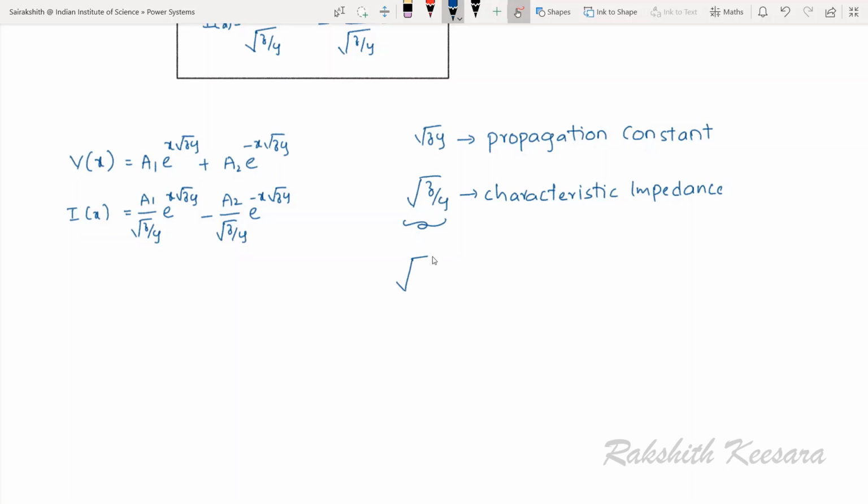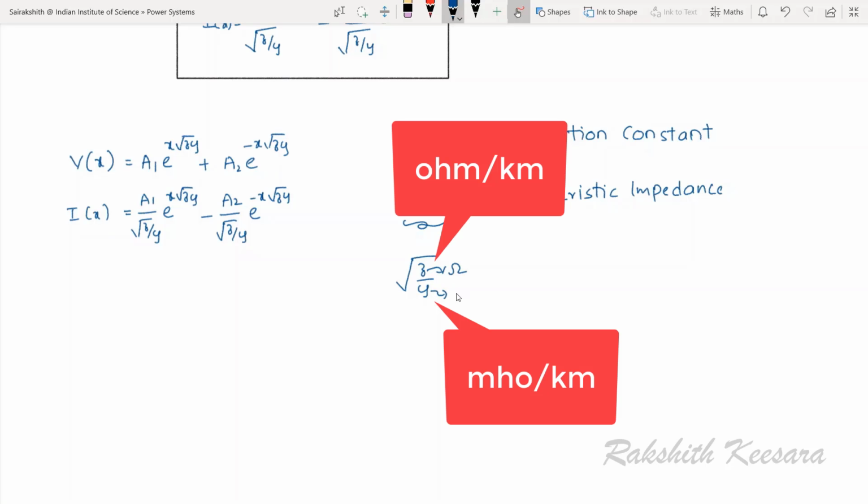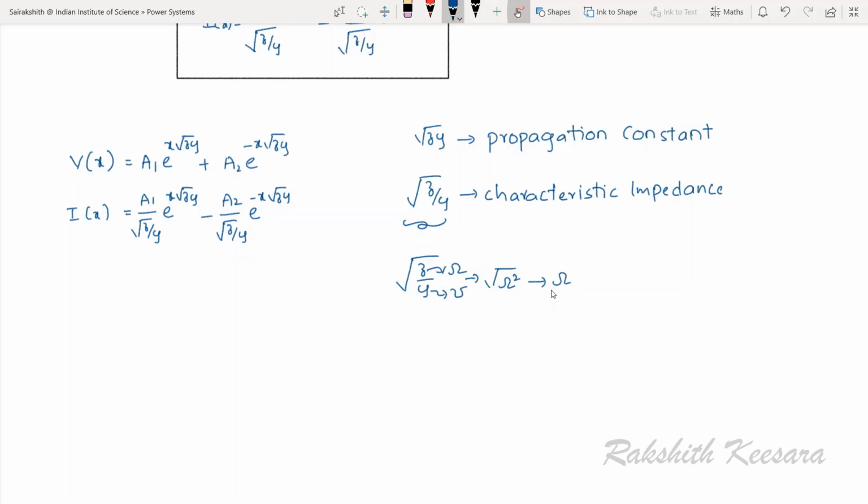So the units of Z will be ohm. The units of Y will be mho. So if we see here, this will become ohm square and the final unit will become ohm. That's why we are mentioning this as an impedance. Next thing, if we multiply the numerator and denominator by length L, this will become the total impedance by total admittance.